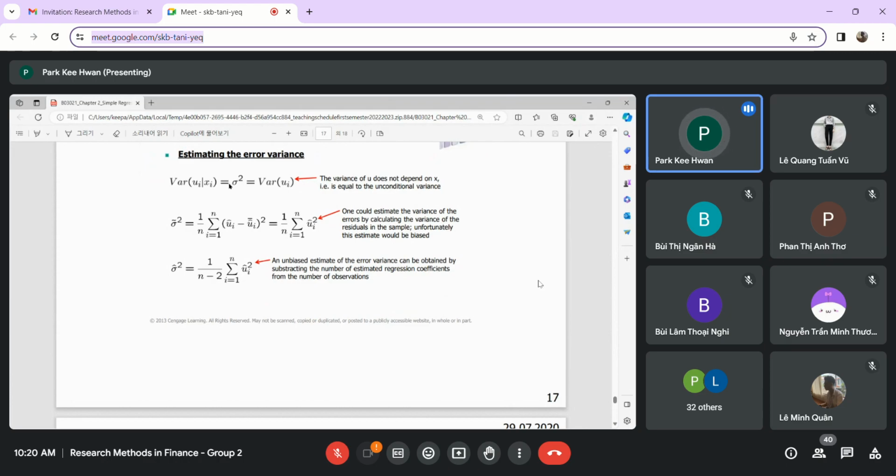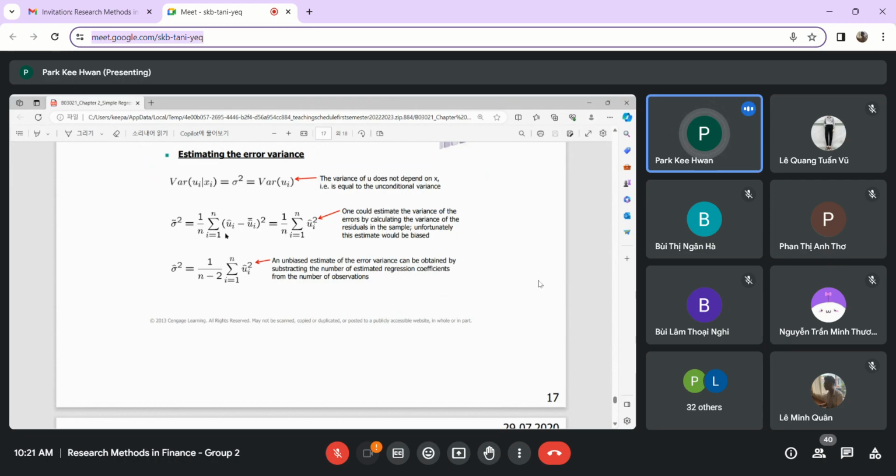However, in order to compute the variance of the slope parameter, we have to estimate it. And how can we estimate it? We estimate it using the squared residual. One could estimate the variance of the errors by calculating the variance of the residual.